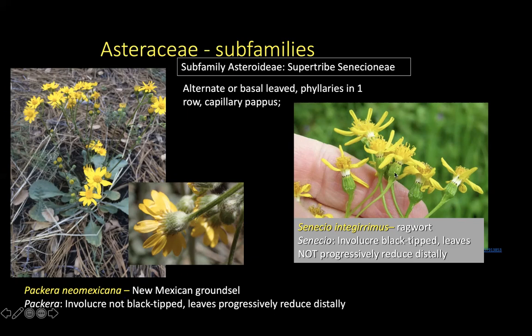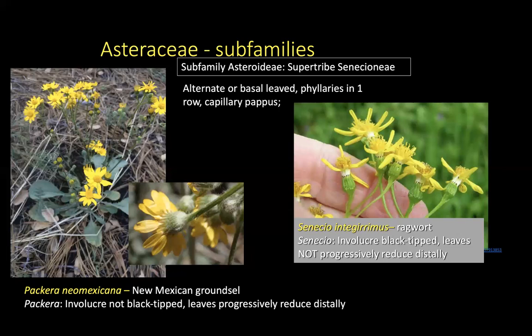So you look here, and there's just one row of them all glued together, as opposed to imbricate, like tiles on a roof, lots of different levels. The pappus, ooh, I remember that word. The modified calyx is capillary hairs, so little thin, tiny hairs. So again, looking at the pappus, looking at the involucre of bracts, those are going to be some of the key things you have to look at in Asteraceae.